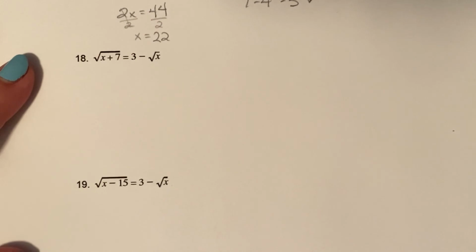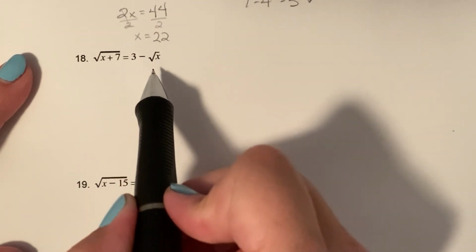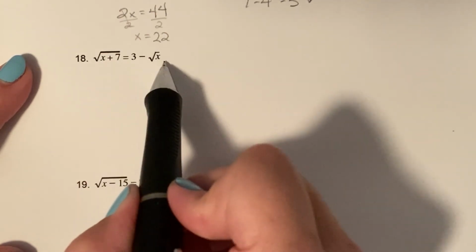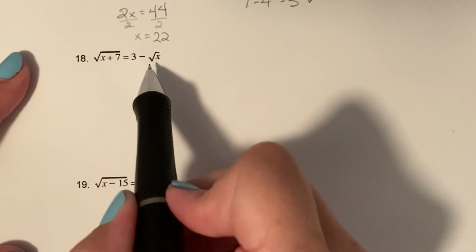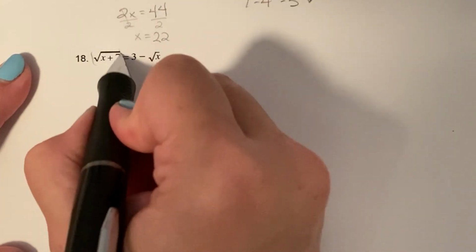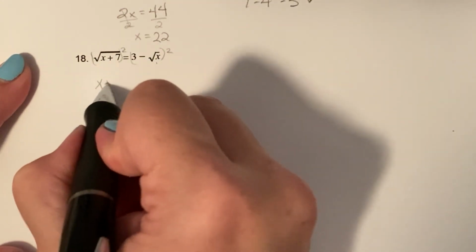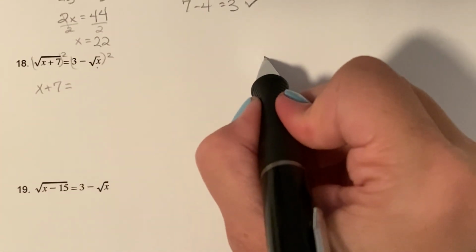All right, so for this one, we do have a square root on both sides. So the square root's already isolated. This one's the more simple one. So this will be the easiest to square. So we're going to square both sides. So we get x plus 7 equals, off to the side, I'm going to do this.